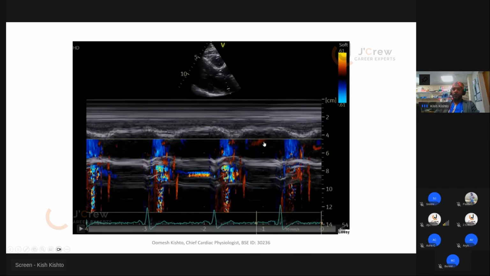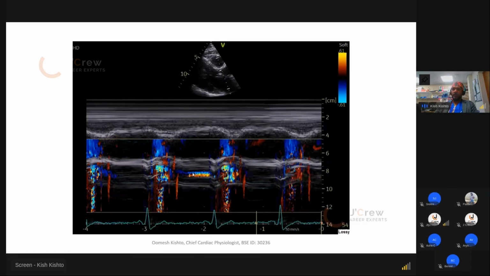So when I do put my color Doppler on my M mode, that's the opening and closing, and this is a regurgitation that's happening. Like I said to you, not everyone does it, but I do it in my study, and sometimes this helps me to assess the severity of my AR.